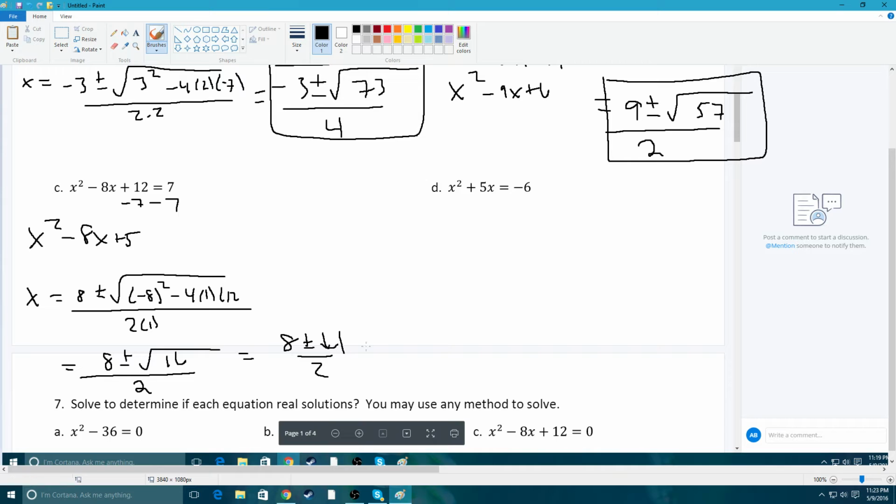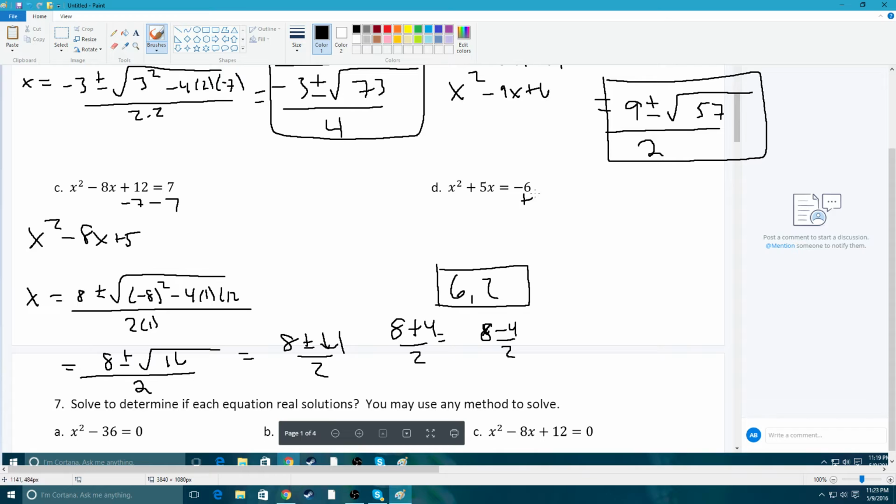And we can simplify this as 8 plus 4 over 2 and 8 minus 4 over 2, which gives us a grand total of 6, 2. So both of these could be our answers.